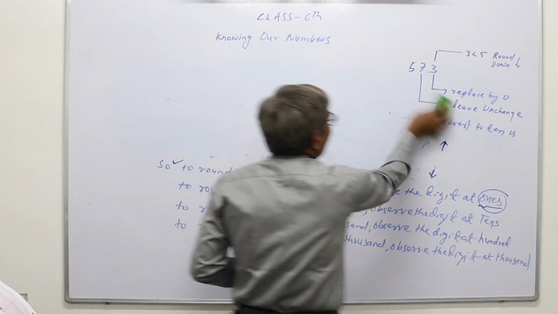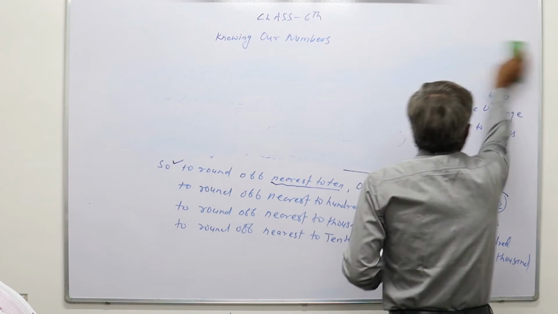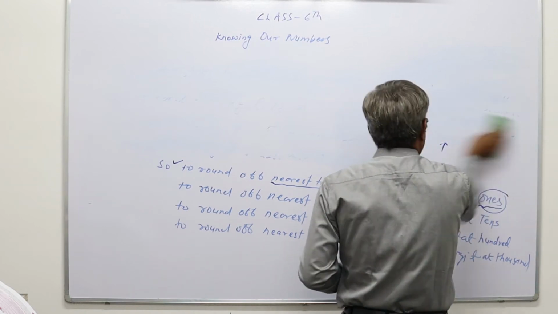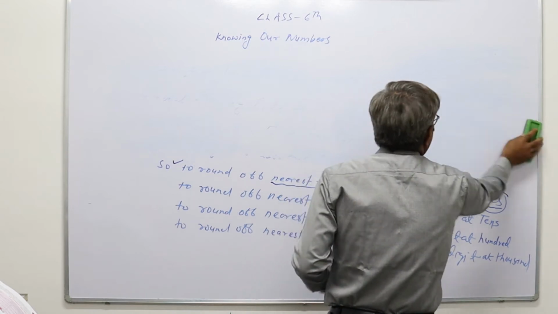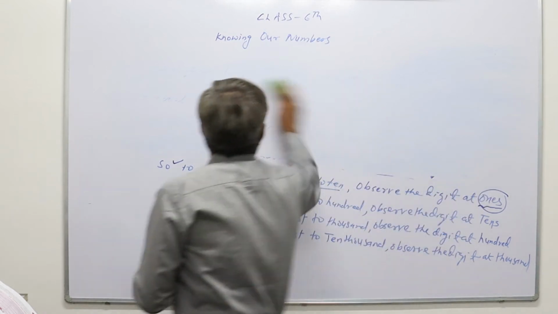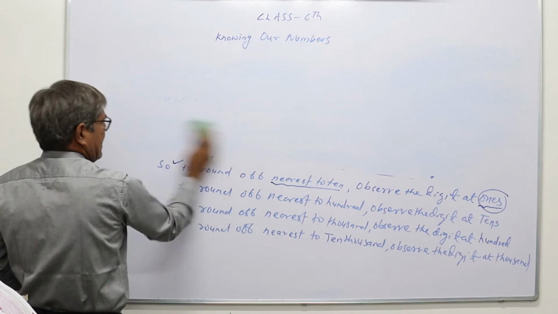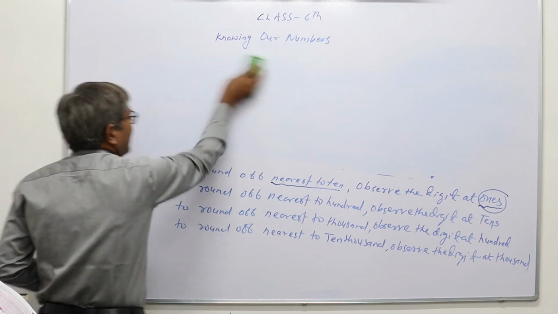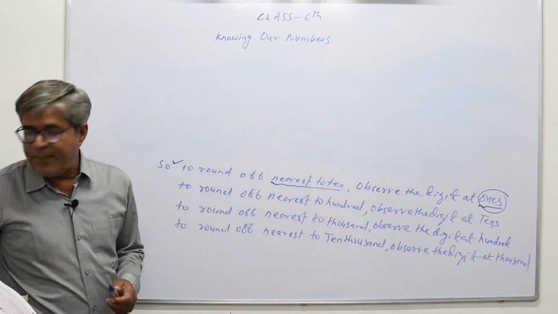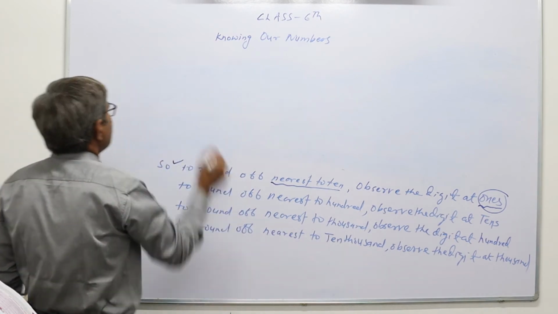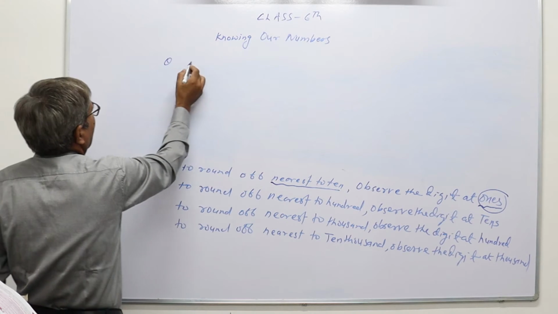For example, if we have to round off the number 668 to the nearest 10, how will we round off this number to the nearest 10? So take one more example.